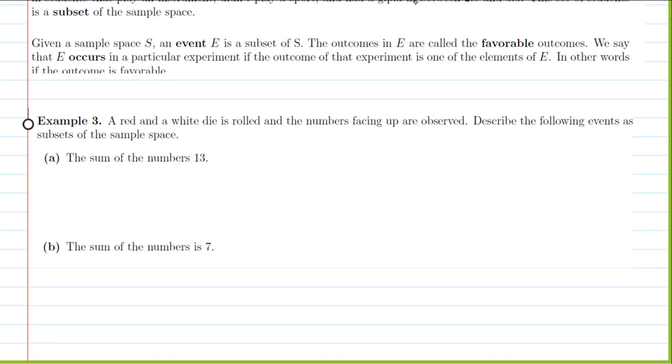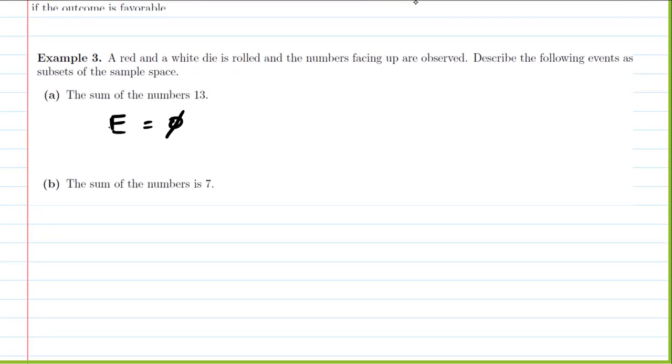If you roll 2 dice, can you get a sum of 13? No. So our event E in this case is going to be the empty set, right? Because it's not possible. You can't add 2 dice and get the sum of 13. It's just not possible.